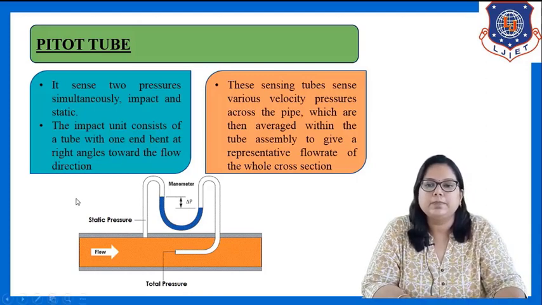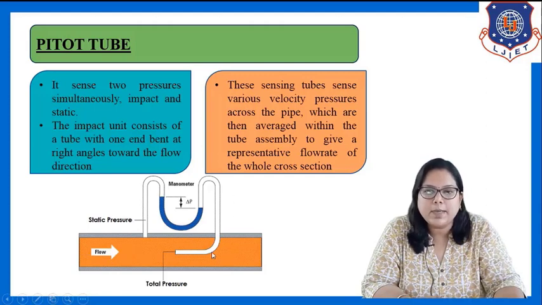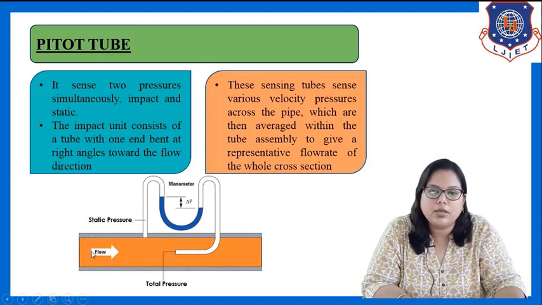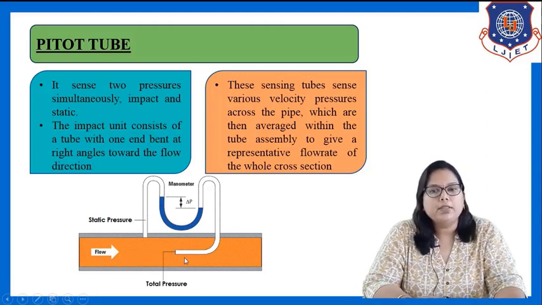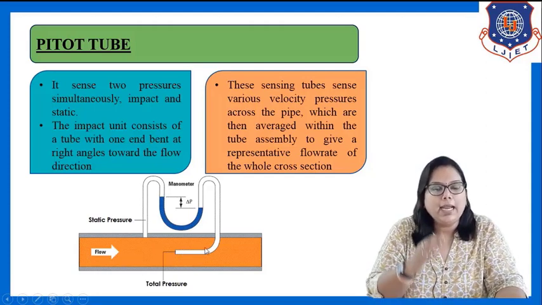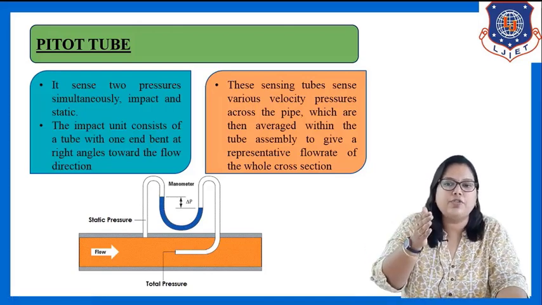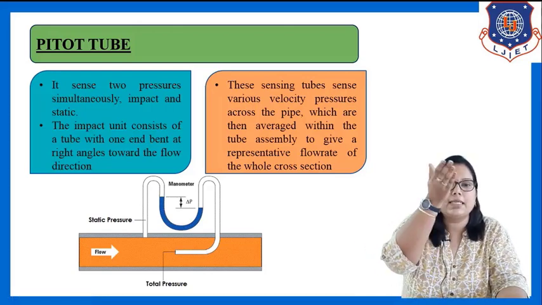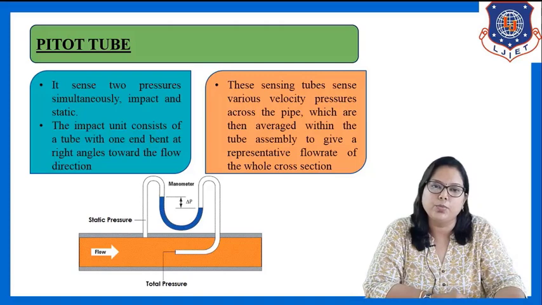Here, the flow is in this direction, and this is my Pitot tube. As flow is going in this direction, here there is a tube. The fluid tries to go inside this tube, and depending on the velocity of this fluid, the fluid is rising in the tube.